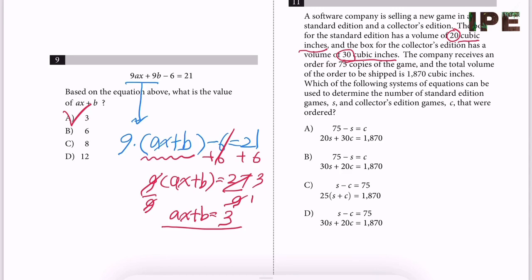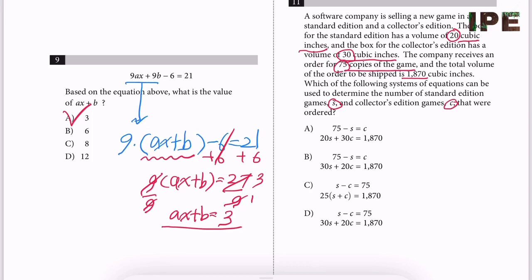The company receives an order for 75 copies of the game, and the total volume of the order to be shipped is 1,870 cubic inches. Which of the following systems of equations can be used to determine the number of standard edition games S and the collector's edition games C?